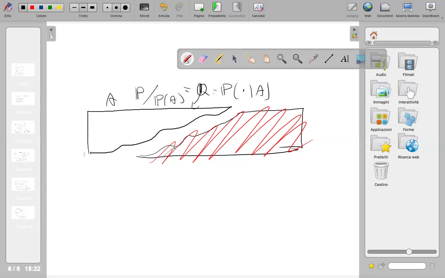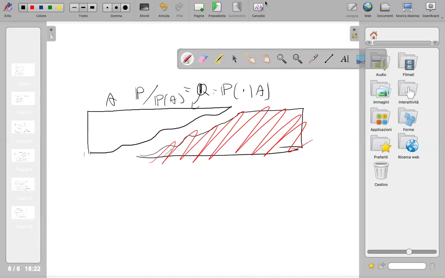So graphically, it's very simple actually. It is simply removing one piece of, let's say, the sample space.